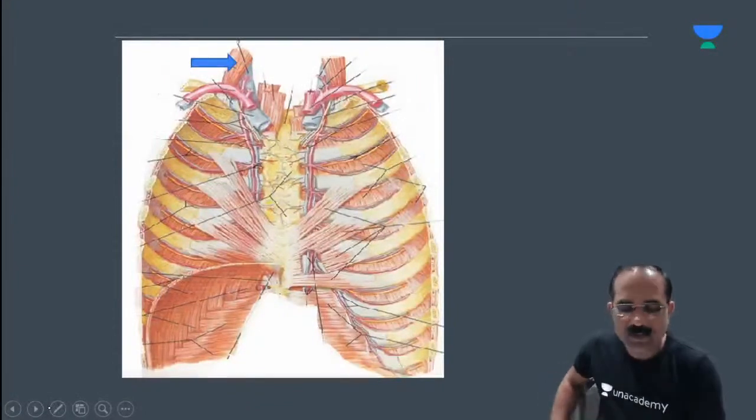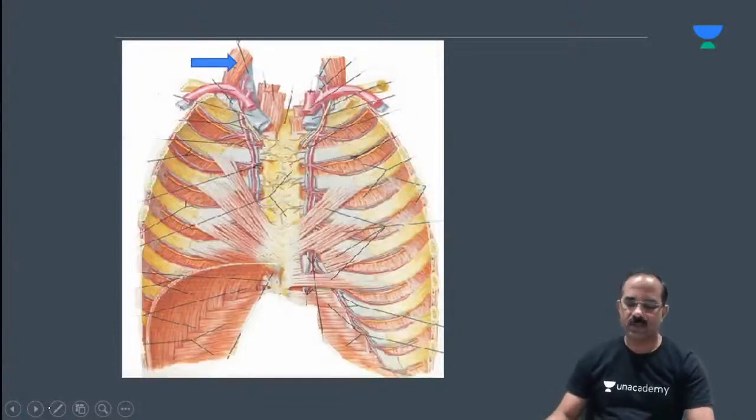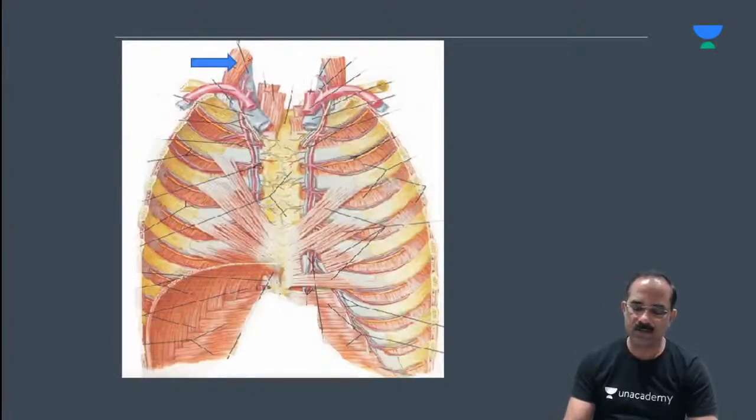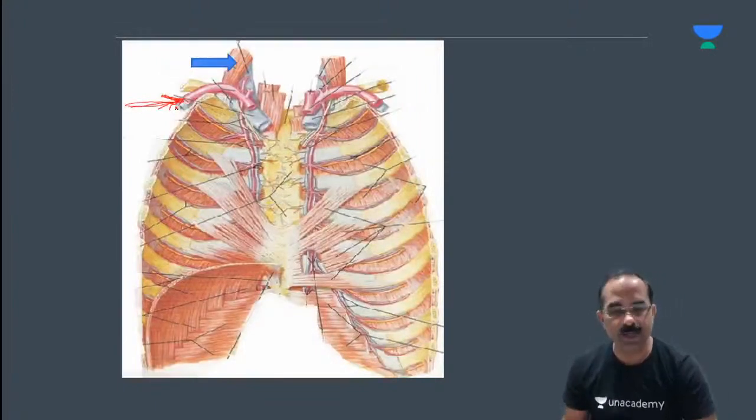Yes, come on students, answer. What is this pointed structure? This is a muscle. And which is this artery going behind the muscle? You can see this artery. This is the subclavian artery.